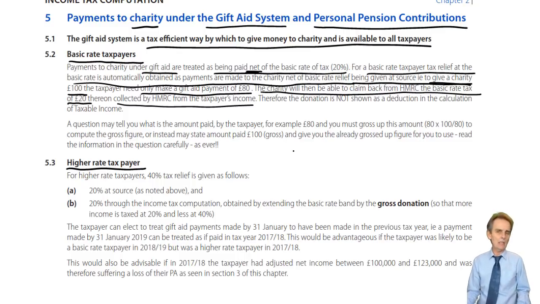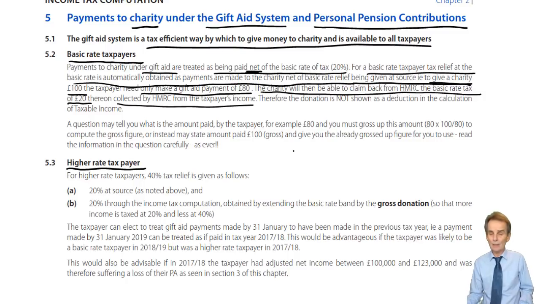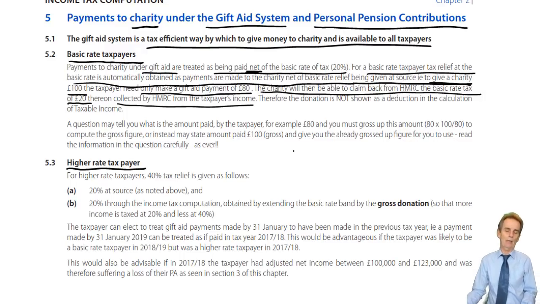If they then pay that £80 to their favourite charity, the charity, under this gift aid system, is able to take not just the individual's £80, but go along with the gift aid statement to HMRC and say, give us the £20 tax that you collected from that taxpayer when they received that £80 net of tax. So for your £80, the charity gets £100.